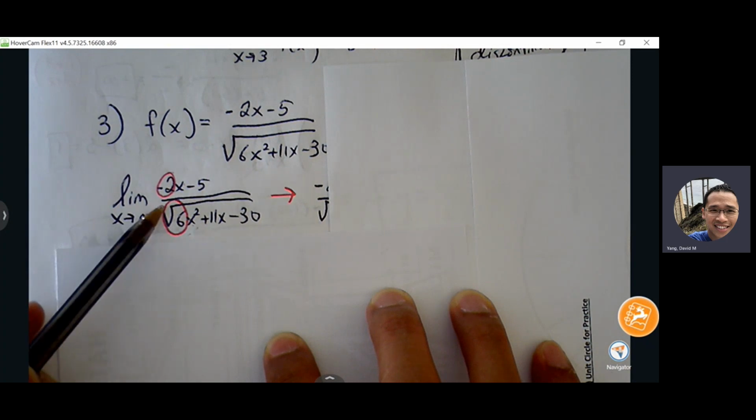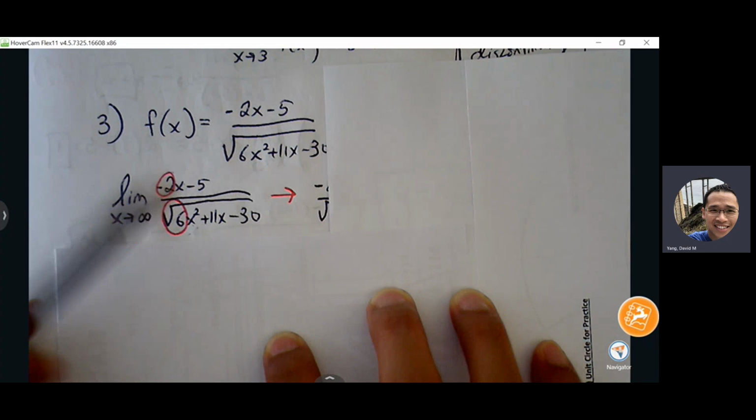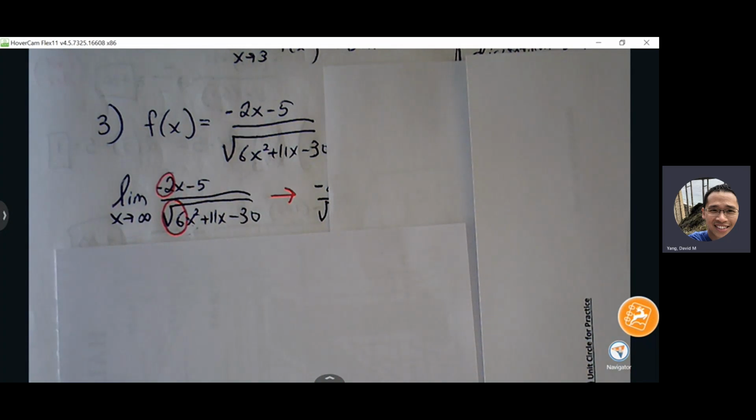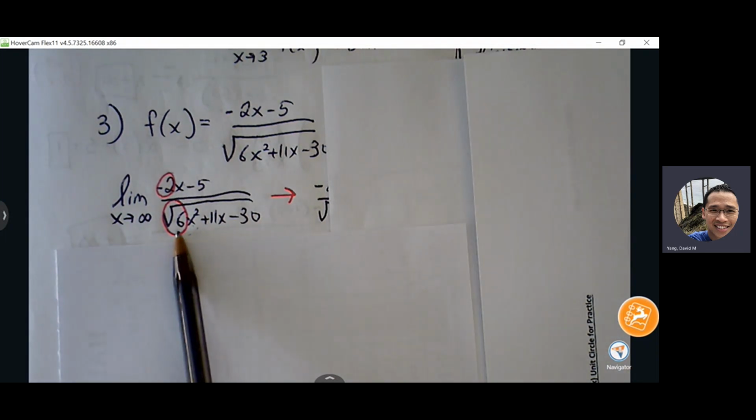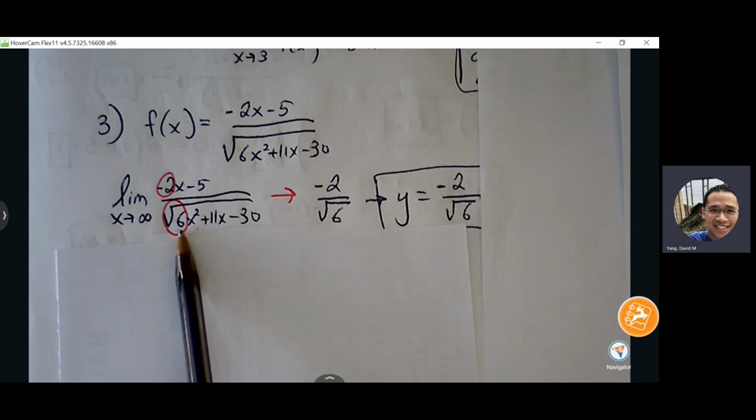But that x squared is under the square root, so we know those two will undo each other. The degrees are the same. So we just take the ratio of the coefficients, which is what? Square root of 6, right? We don't want to forget about that square root. That square root does have an impact on that 6. So that is one of the asymptotes.